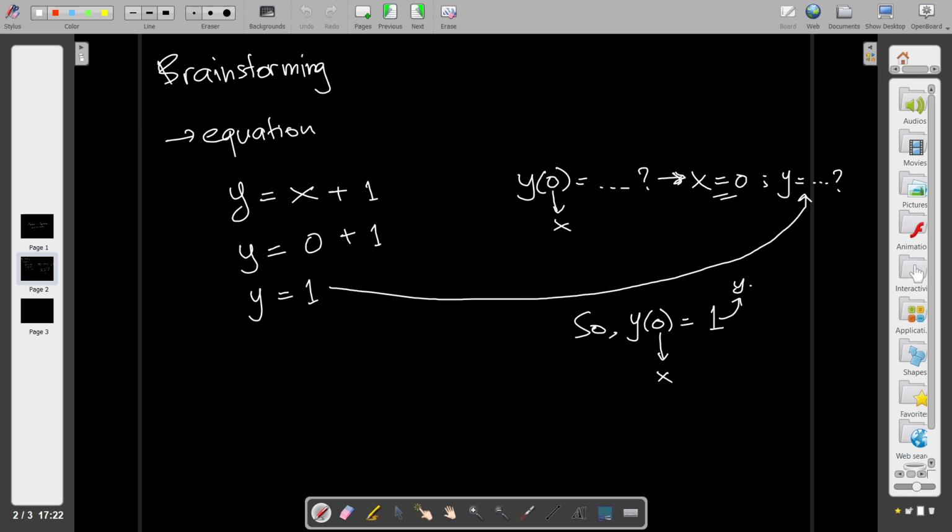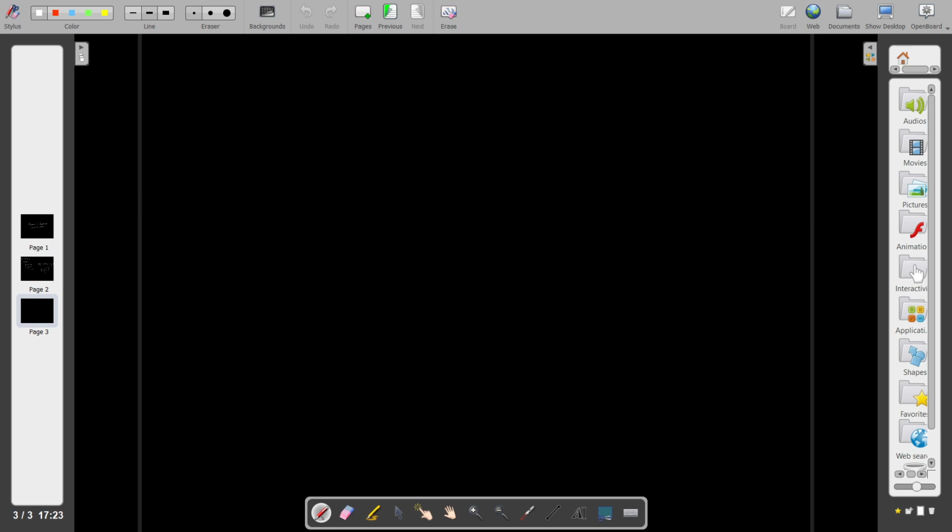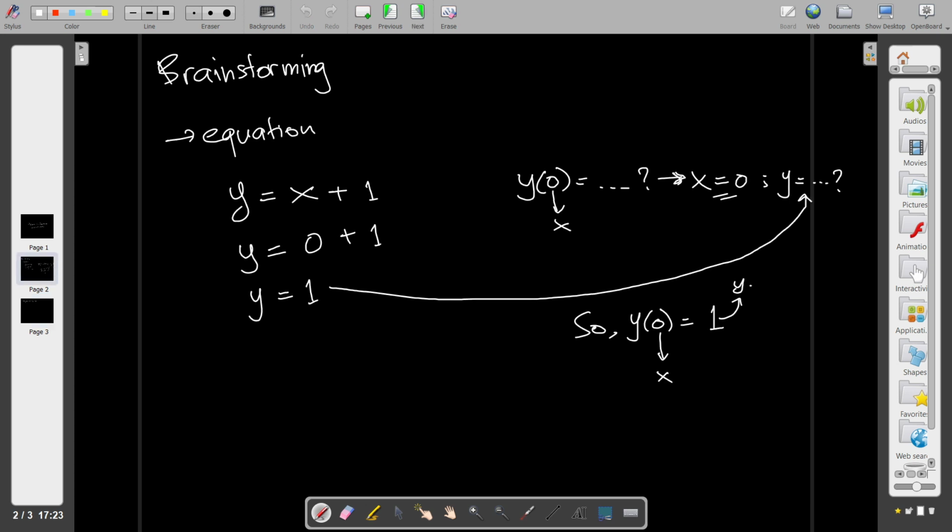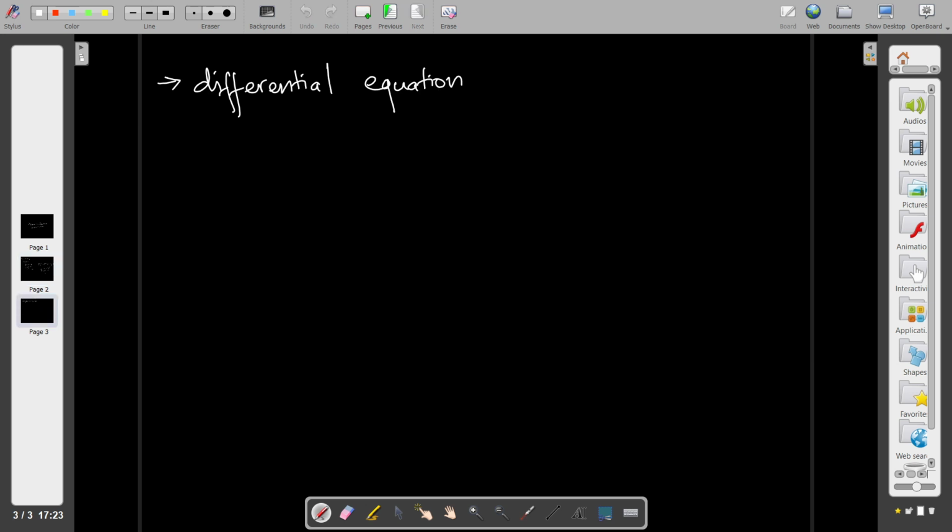We already discussed the equation. Now I'm going to remind you about the differential equation. In the previous page, the term was only called equation, but now in this page, not only just equation, but also we have differential equation.